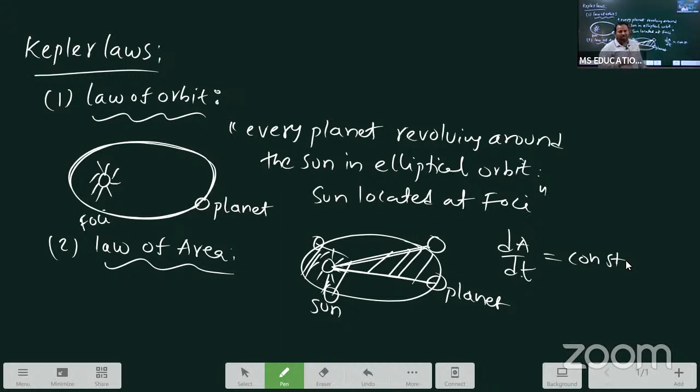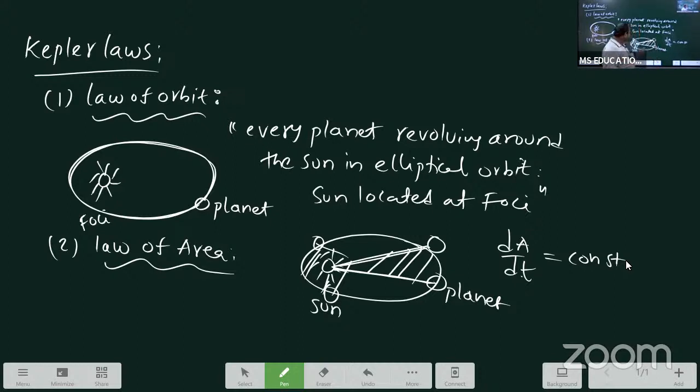What is the meaning of that? For example, take summer, winter, rainy season. Every season, a day is 24 hours. But in summer, daytime is somewhat more, in winter less. Season to season, daytime and nighttime change, but the overall time period remains the same.